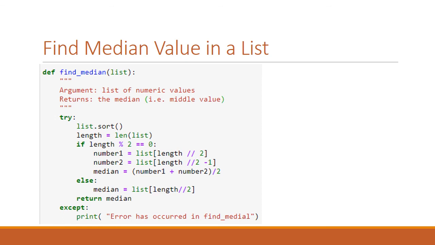We use a try except block because a couple of things could go wrong on the execution of our function. First of all, the user could call our function with an empty list, or the user could call our function with values in the list that are not numeric.